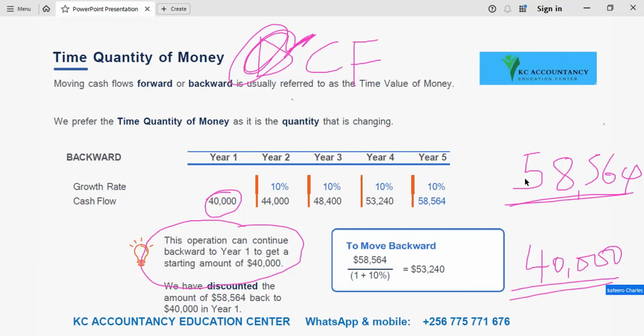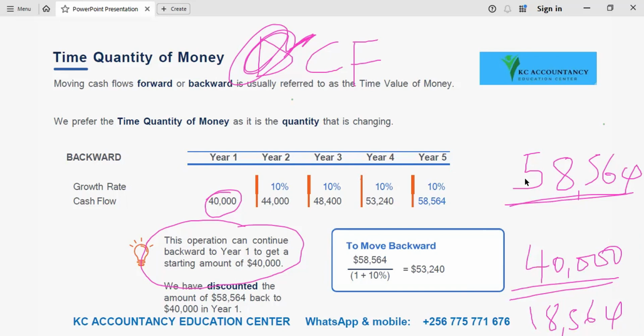The difference, 18,564, is what is lost with time.